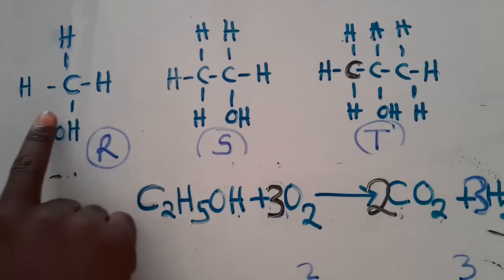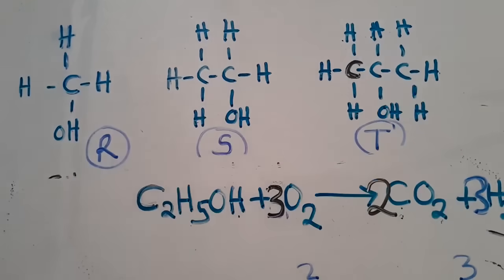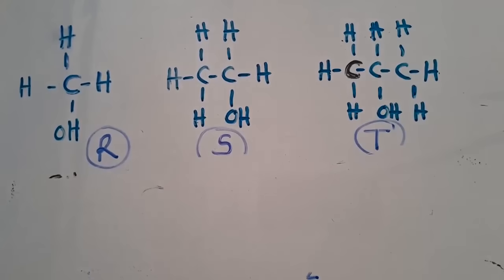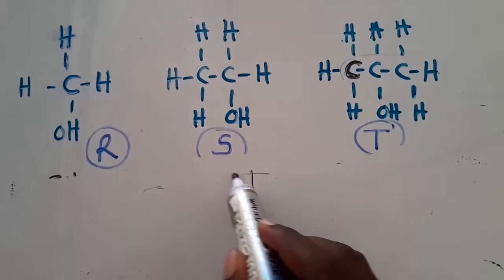We check: this one is just having 1 carbon, 2 carbons, 3 carbons. The one with a lot of carbons has a lot of carbon chains. So it is this one, which is T. Then you are done.